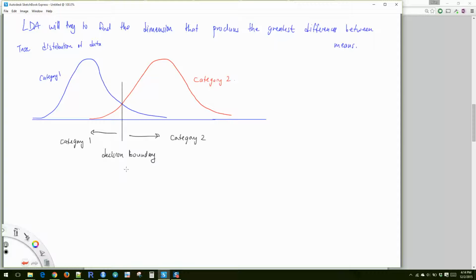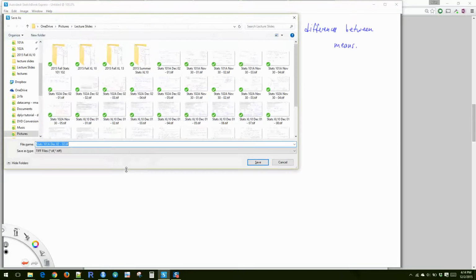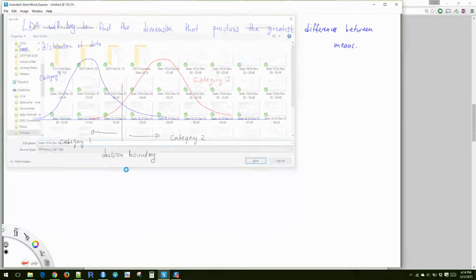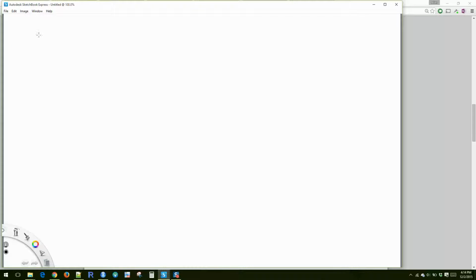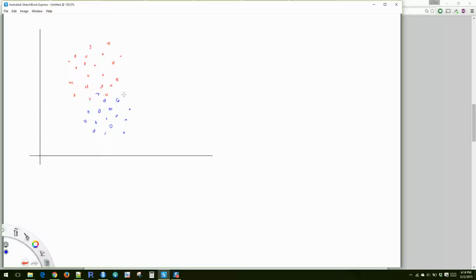Okay, except it's going to try to find, so let's say you've got data points over here, and you've got data points over here, and you've got data points over here.